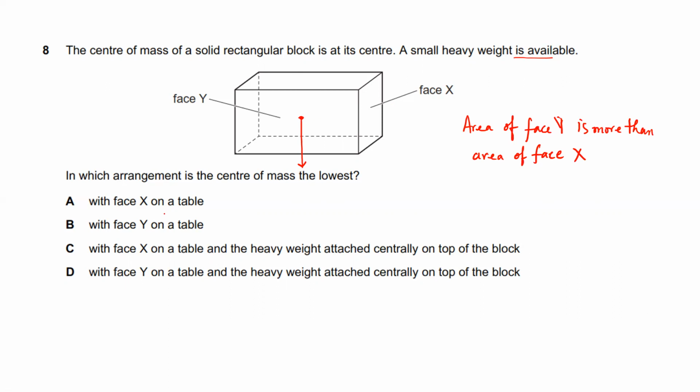Generally students make a mistake, thinking that since a lower center of mass gives more stability, putting a heavy weight on the block will make it more stable. But it will not. It will raise the center of mass because a heavy object is lying at a higher level compared to the block itself.